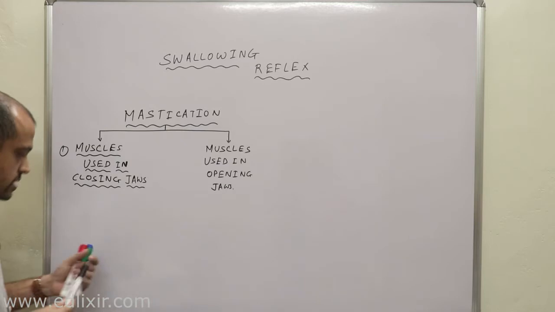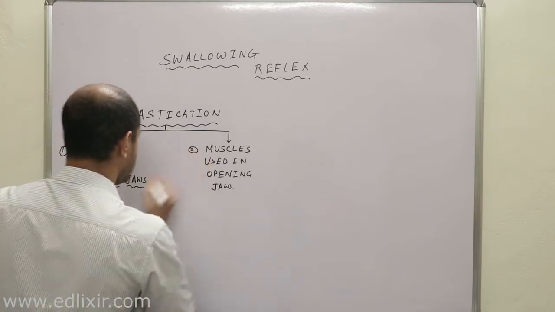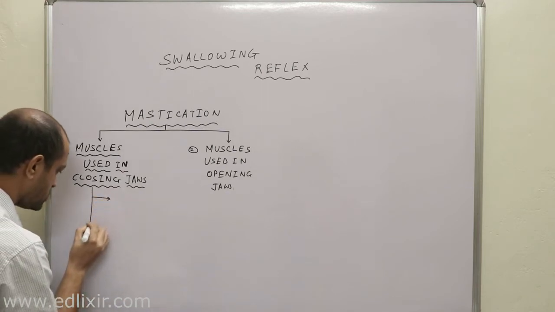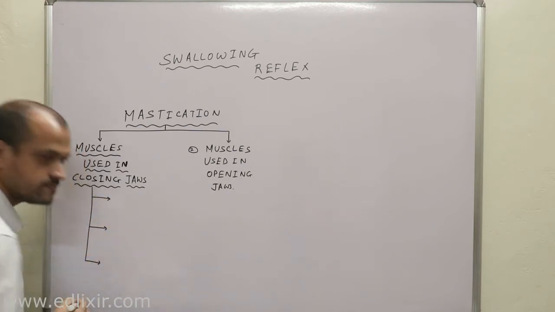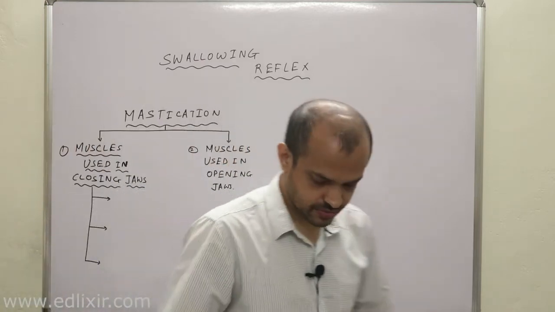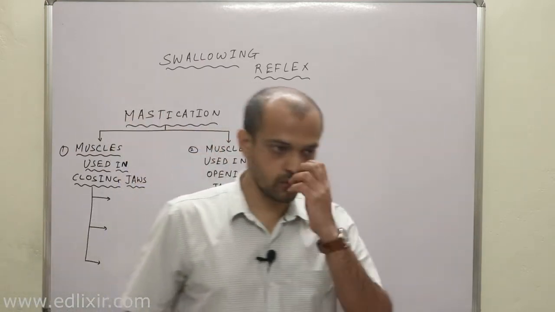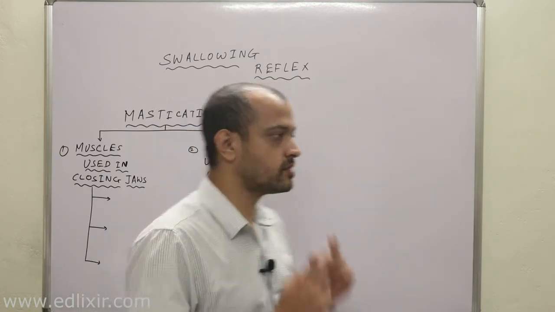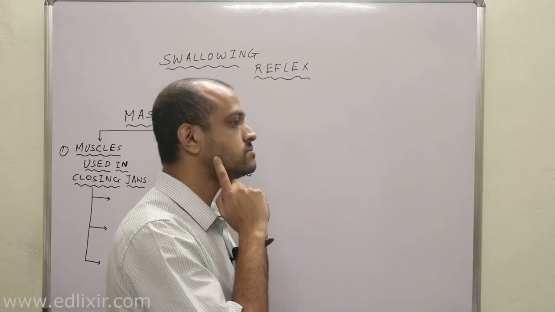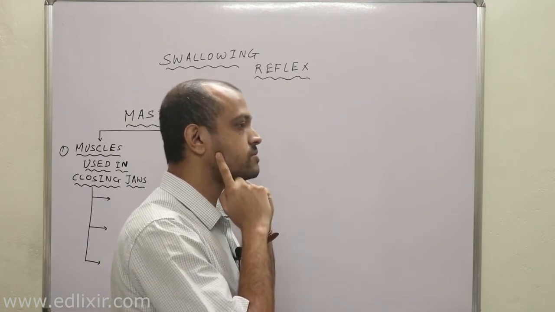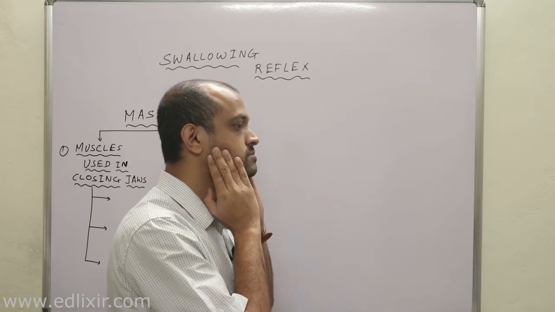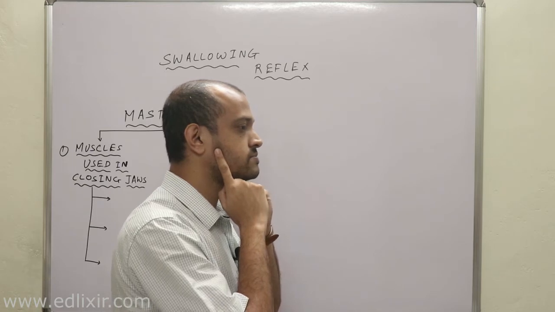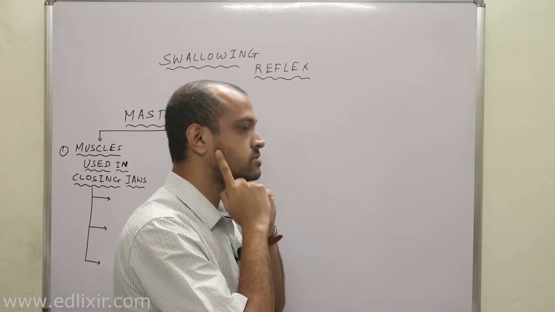Now there are actually three muscles which are mainly used in closing our jaw. Do one exercise with me. If you close your mouth and chew, touching one muscle, you can sense that one muscle is contracting continuously while chewing.